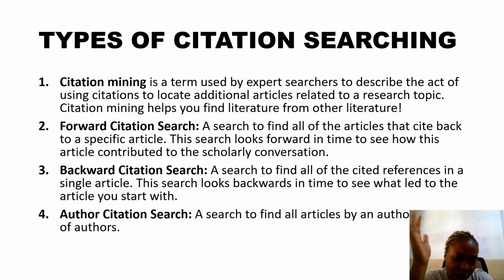So you ask yourself, from 2017 up to 2023, what has he written again? That is called forward citation. You're looking forward from the date of the paper which you saw.